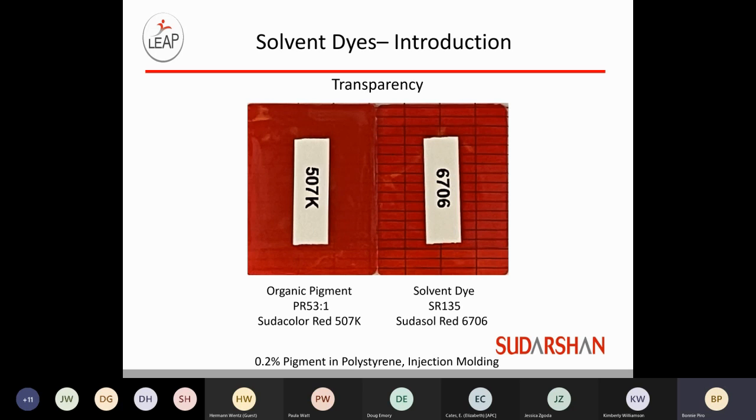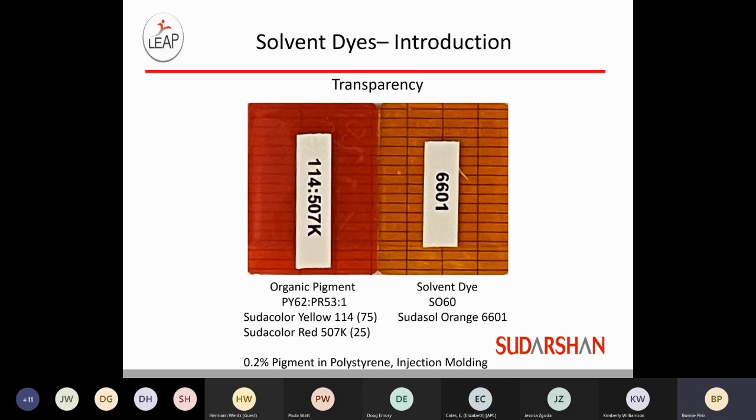And in each case that I'll present, the amount of colorant is always the same, whether it's a pigment or the dye. So you can see on the right-hand side with the solvent red 135, the lines behind the chip are very clear and crisp, whereas with the organic pigment red 53-1, you start to see very little of the lines showing through the chip.